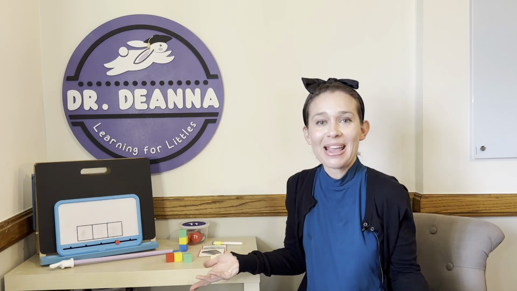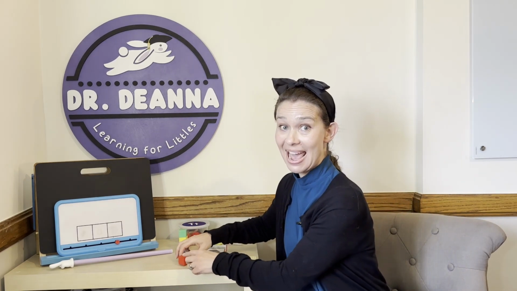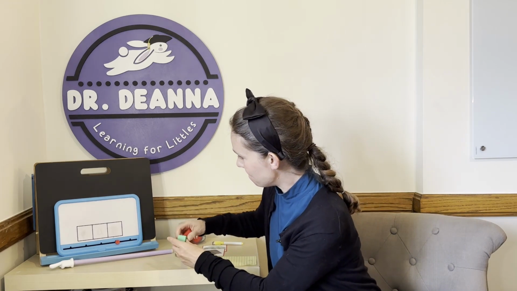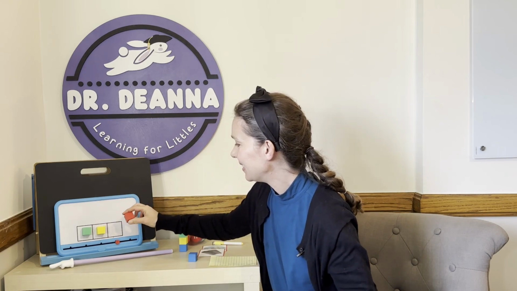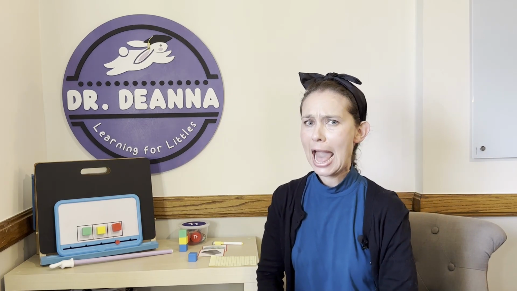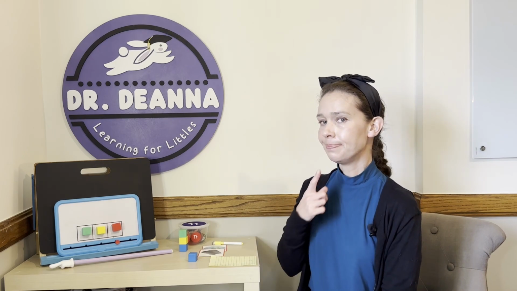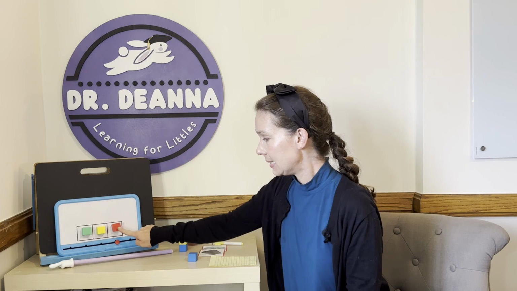Now let's listen to how we can change a sound at the end of a word to make a whole new word. I'm going to start with my word man. Man. But now I want to make that word mad, like mad, grouchy mad. All right. I hear a d.